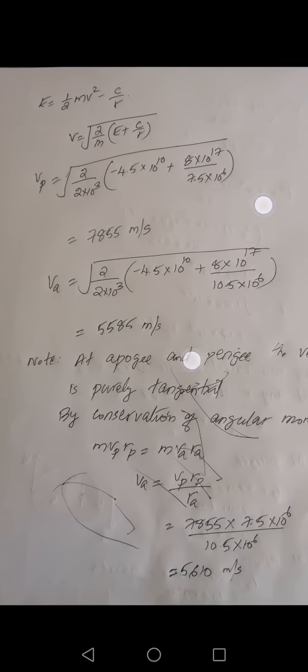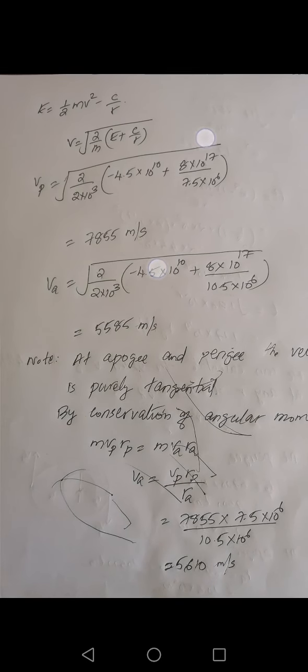E is equal to half mv square minus c by r. From that, v is equal to square root of 2 by m into E plus c by r. So let us calculate velocity at perigee, where you have to replace r by rp, the radius at perigee.